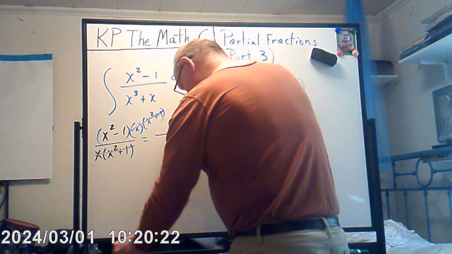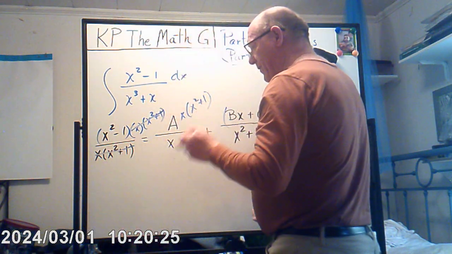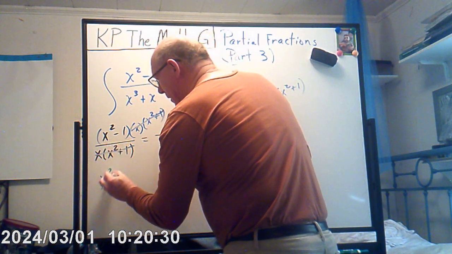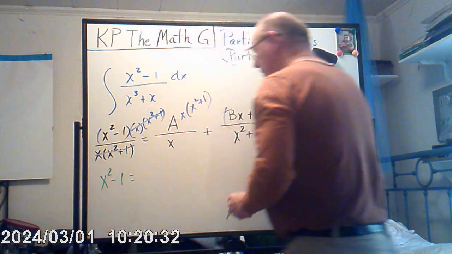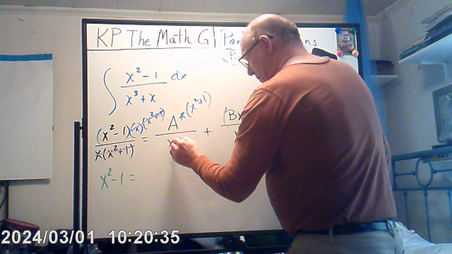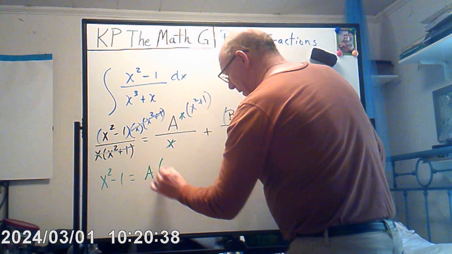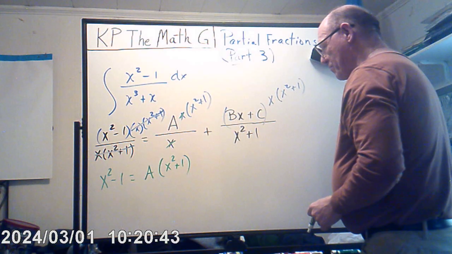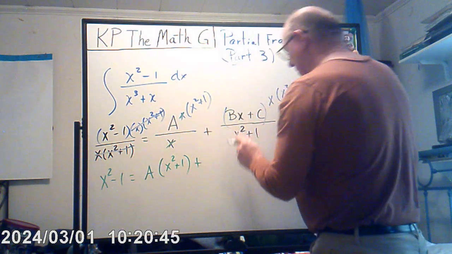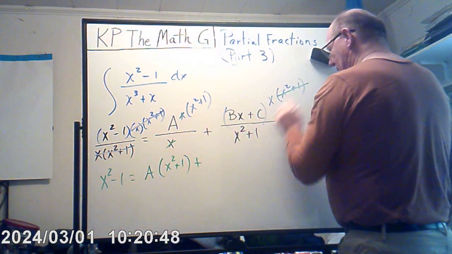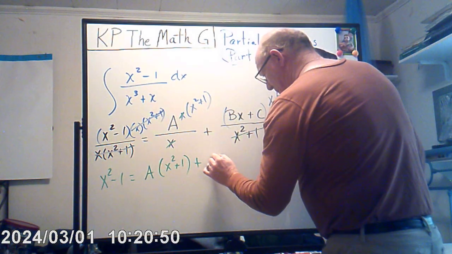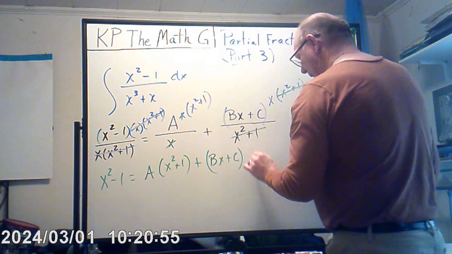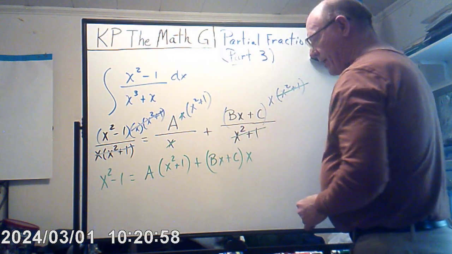Now we're left with x squared minus 1 here. The x's will go here. We're left with a times x squared plus 1. And then this will go away, and we're left with bx plus c times x. And there it is.